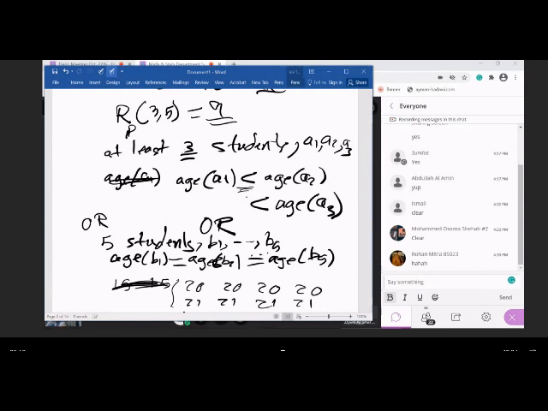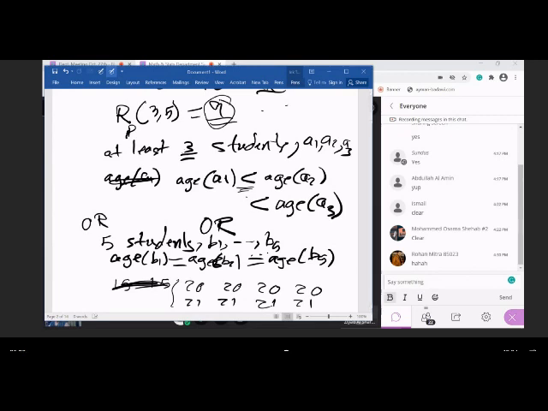If you want to know what I'm doing as a graph, the first thing is that I should have a partial order relation. You can define a partial order relation on 9 students. How? The age of each student is equal to itself.